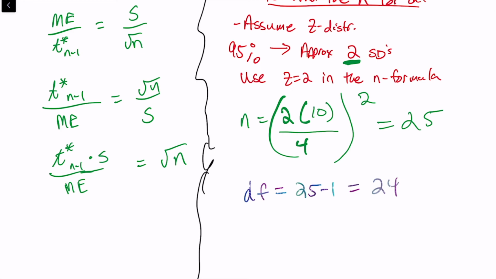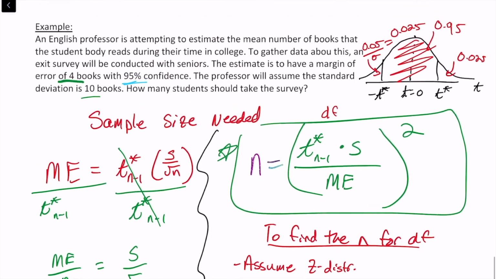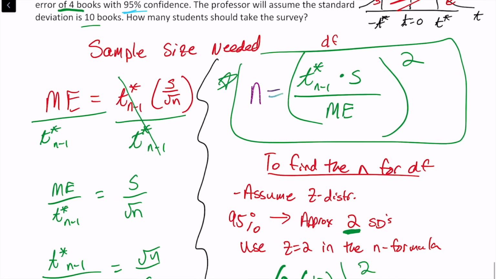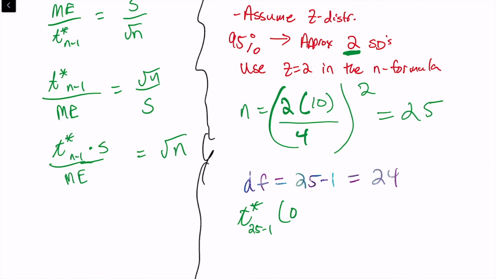And then we're going to redo this n formula, but now we're going to plug in the correct t star, okay? So we need to find our t star of 25 minus 1, so degrees of freedom is 24, of, and this is my notation, of 0.025, right? Because remember, that's the area to the left there.